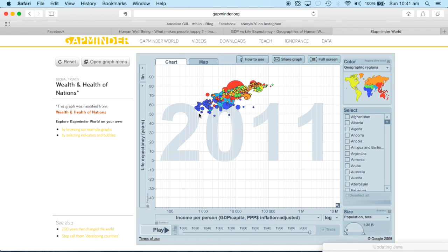So by going along this direction, the first country that we come to is Somalia. And if you look down at the scale down here, it shows that Somalia's average income per year is $614.